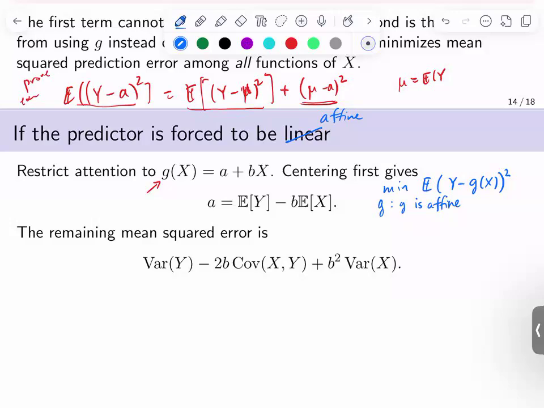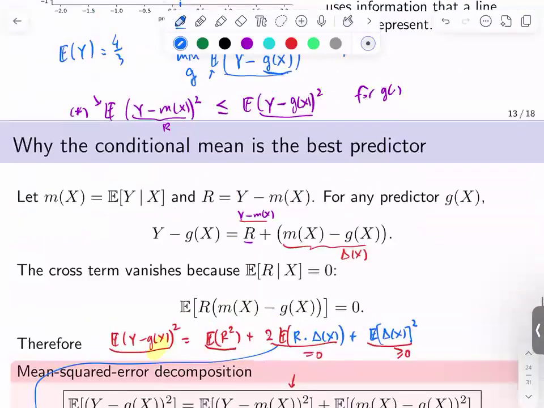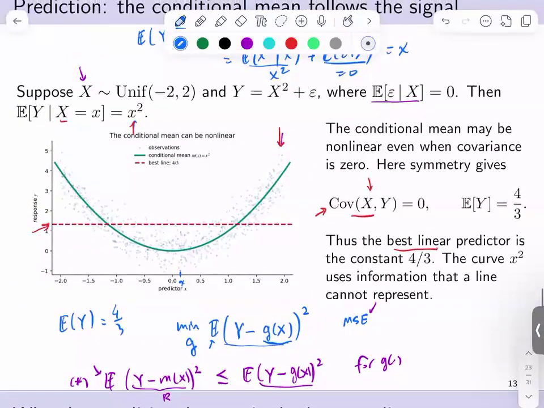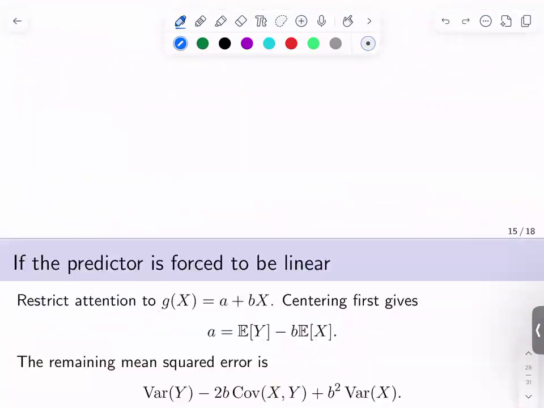This solution may not be the conditional expectation. We did an example last time in which the conditional expectation turned out to be a quadratic function. So if I restrict myself to linear functions, the best linear predictor is not going to be this. It turns out in this case the best linear predictor would actually be a constant function. But we want to find the best linear predictor.